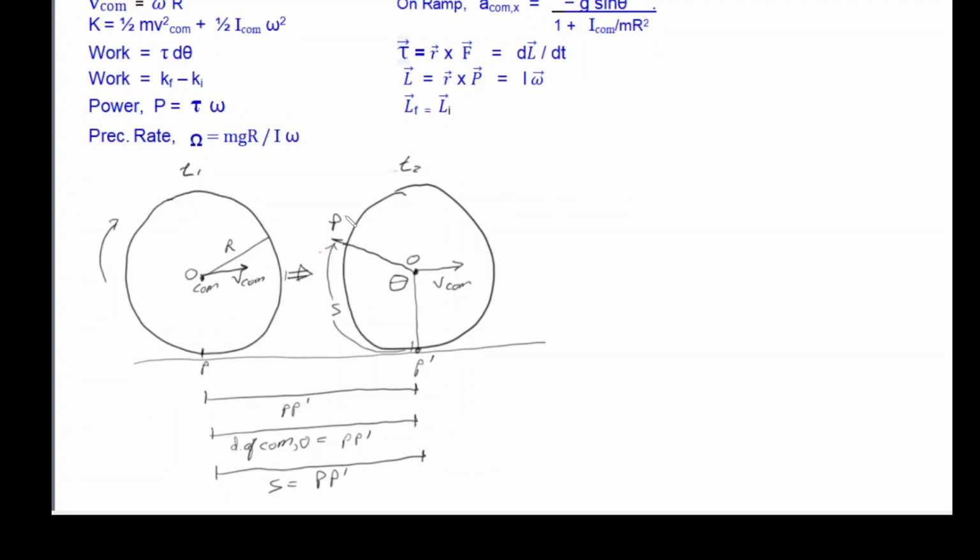That's the same distance that the wheel moves, which would be S, and the center of mass, O, moves the same distance. So you can see that the center of mass, the contact point, and the segment are all equal as the wheel rolls.